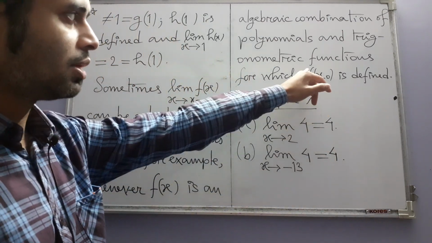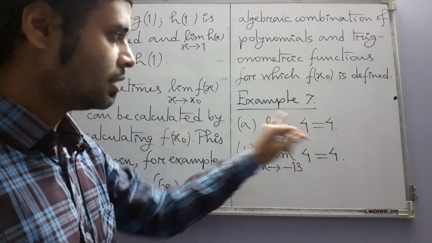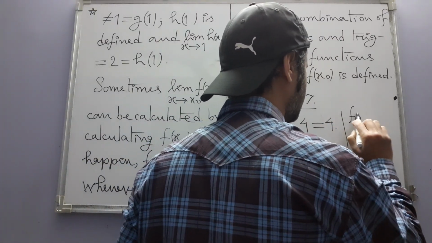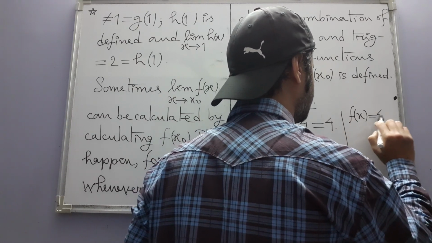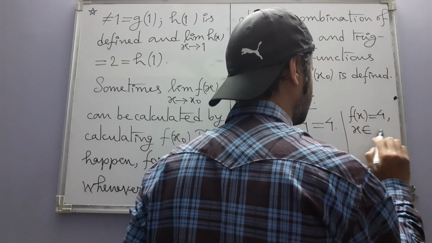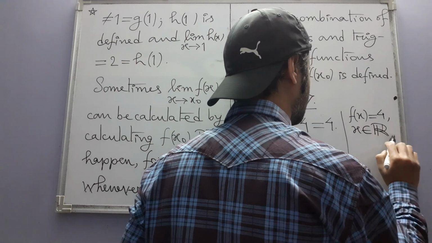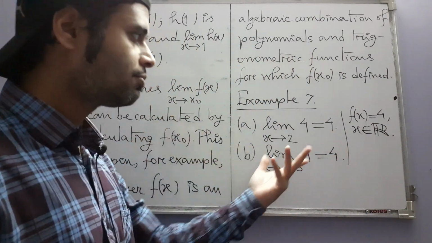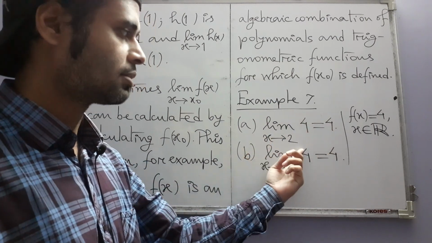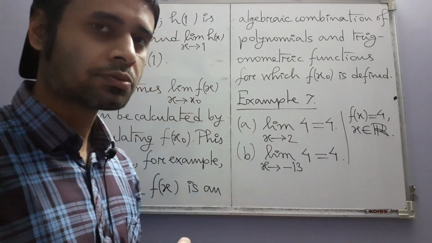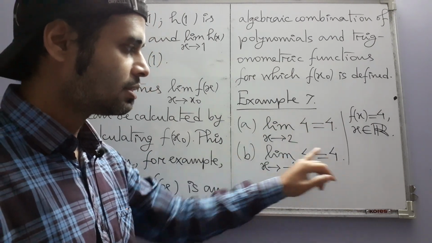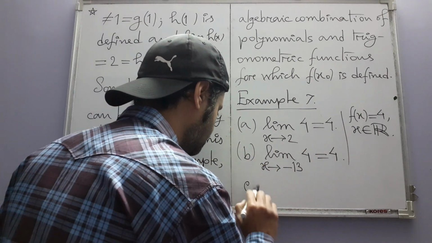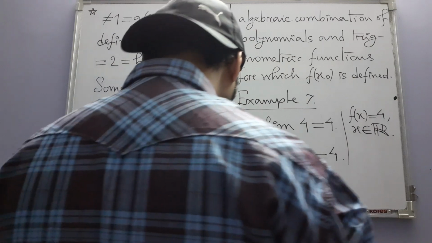The function looks like this: f of x is constantly 4 where x is a real number. So the point here is that the limit is f of 2 at x equal to 2. F of 2 is 4. Here the limit is f of minus 13, that is also 4.